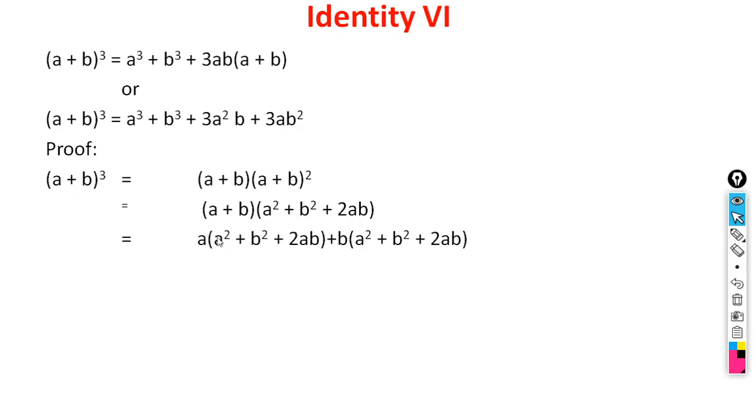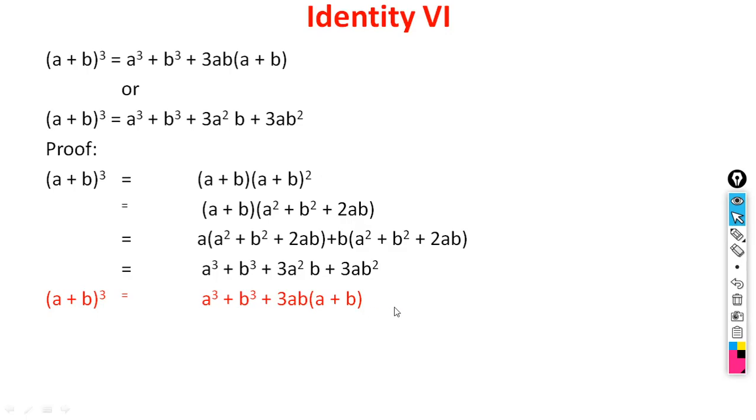Now we'll split: a is multiplied with a² + b² + 2ab, and b is multiplied with this expression. After solving this we get a³ + b³ + 3a²b + 3ab². And from the last two terms, if 3ab is common, we get the final result of the identity: (a+b)³ = a³ + b³ + 3ab(a+b).